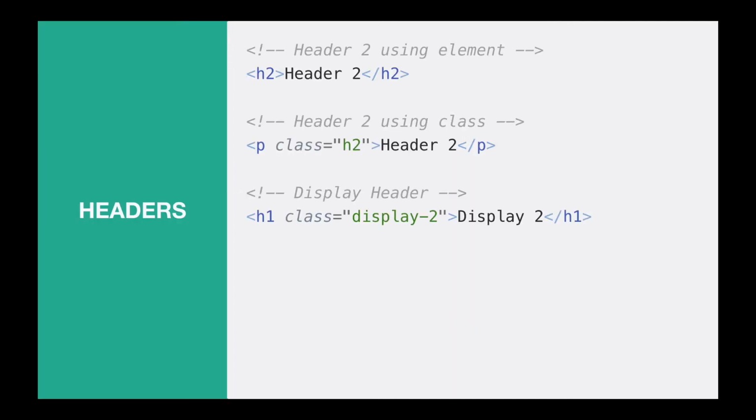Here's the examples of the header. So at the top there, we have the H2, which has a specific style. Well, that same style can be applied to a paragraph tag if we just add the class H2. And then we can, of course, have an H1 here, and we can make its style look different by using the display class. Okay, so this is what I'm referring to.